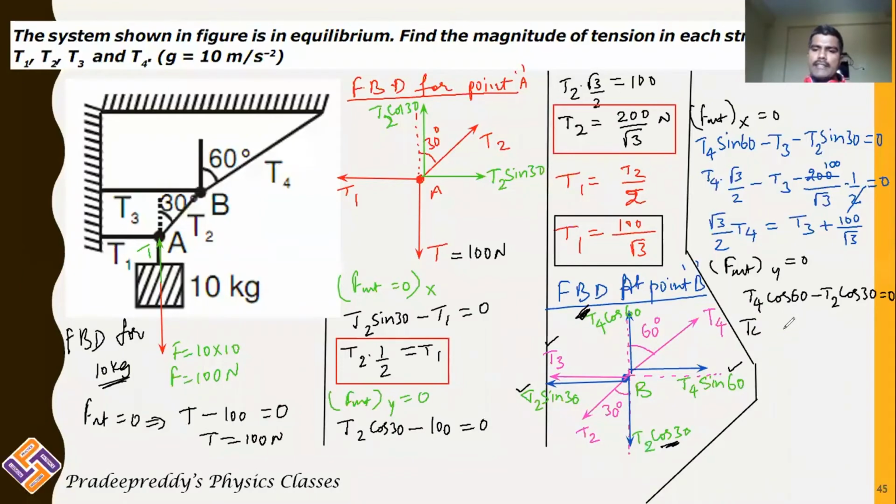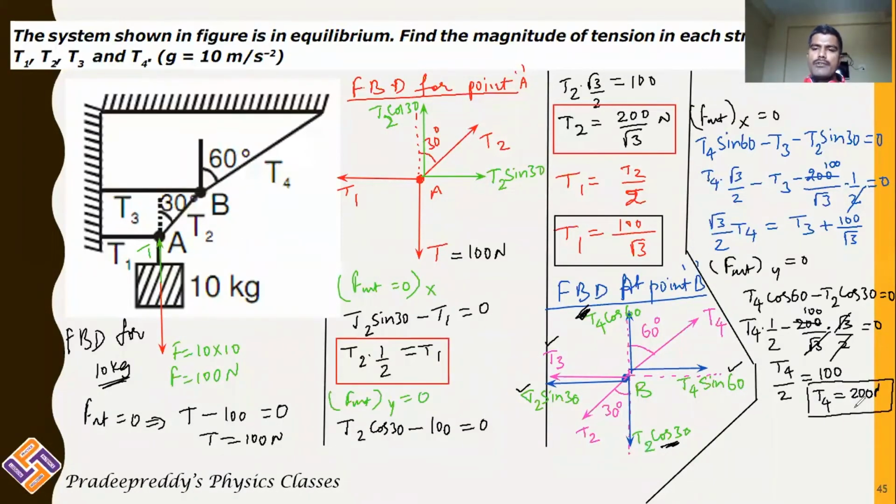T4 cos 60 is 1 by 2, minus T2, which is 200 by root 3, cos 30 is root 3 by 2, which is equal to 0. This 2 into 100 gets cancelled. T4 divided by 2 is equal to 100, as root 3 and root 3 get cancelled. This 100 comes here. Therefore, T4 is equal to 200 Newton.